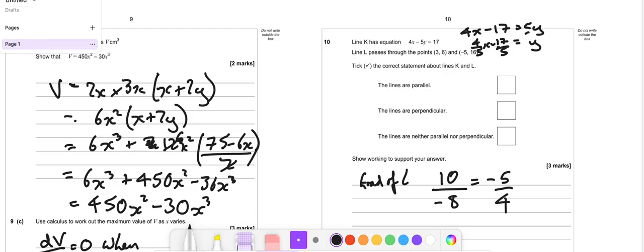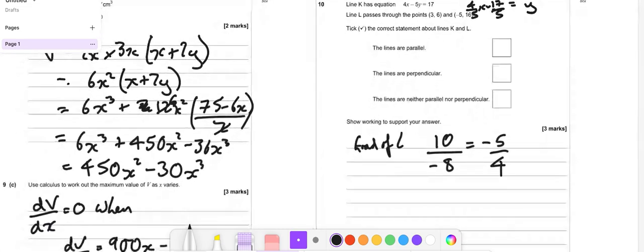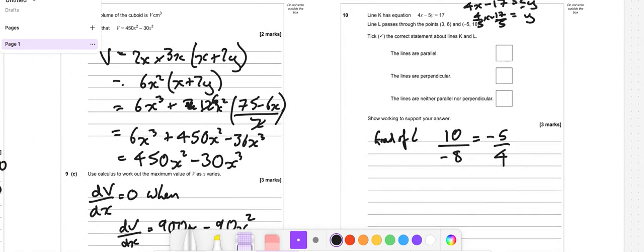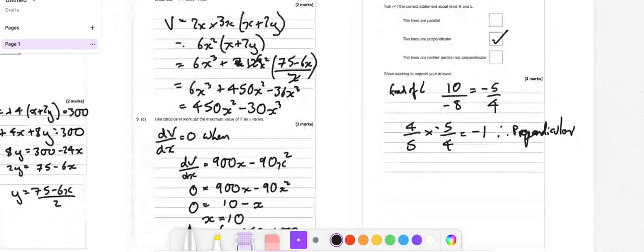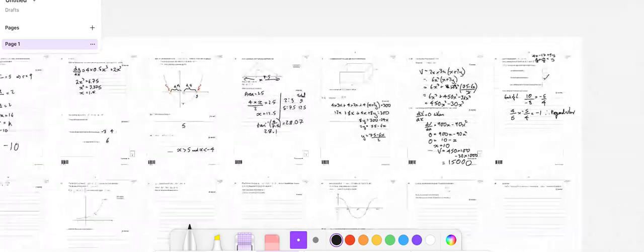So we've got a gradient of 4 over 5. Okay, and we can see that they are the negative reciprocal of each other, or we can just show 4 over 5 times minus 5 over 4 equals minus 1, therefore perpendicular. So they're perpendicular. There we go. First line of questions.